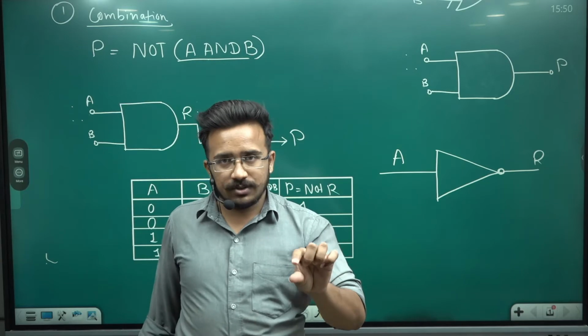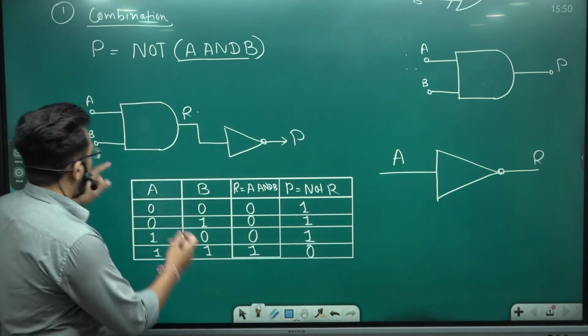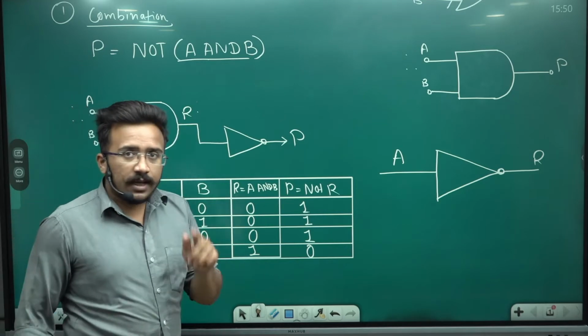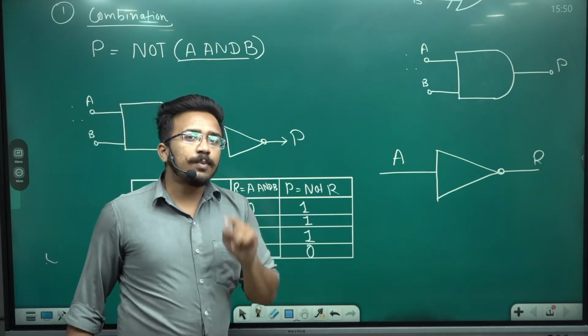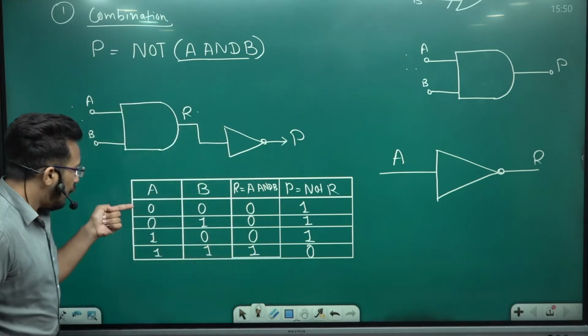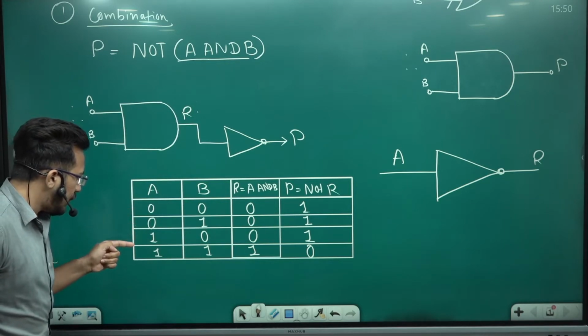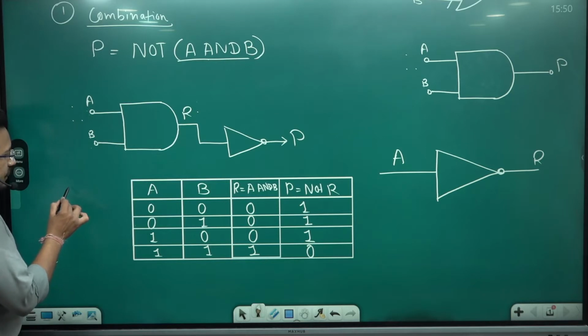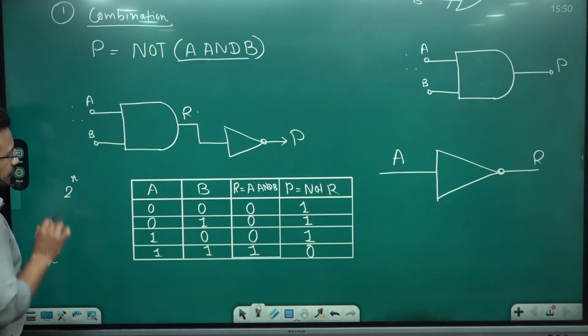Okay, so here A and B are the only two inputs. A and B are the only two inputs over here, so we have 4 lines over here, 1 2 3 4 lines. So you can see it's like 2 to the power n.